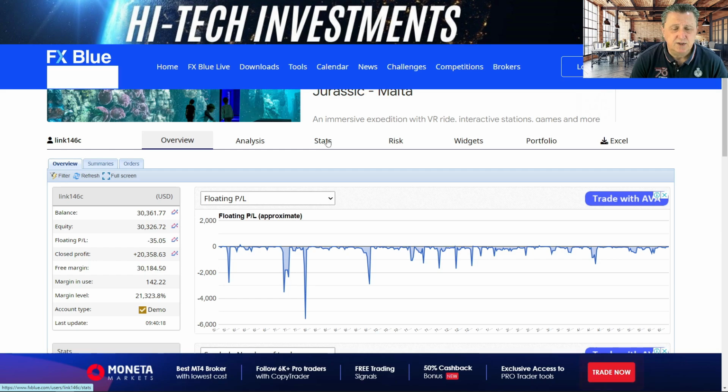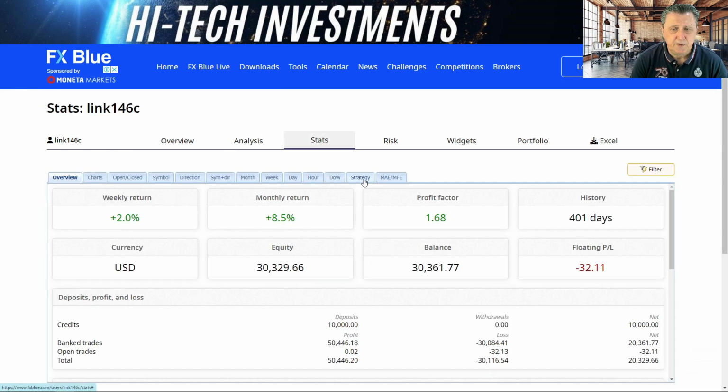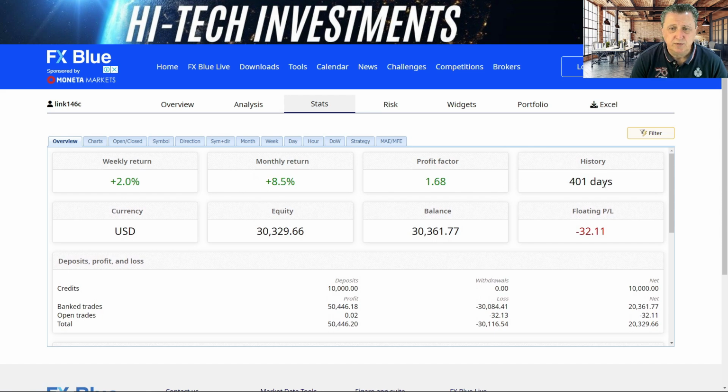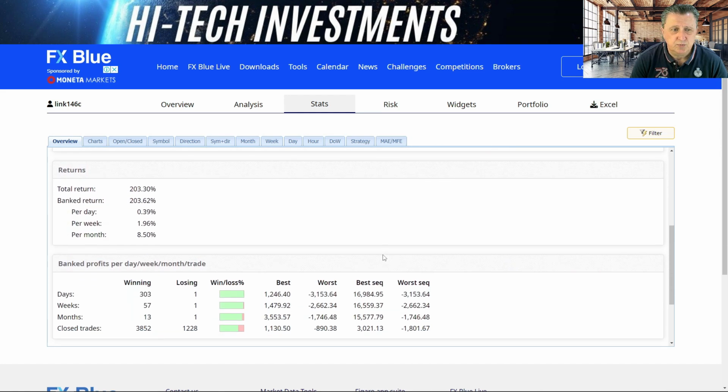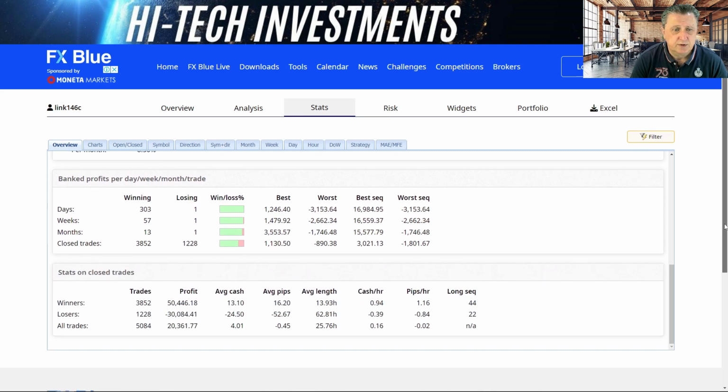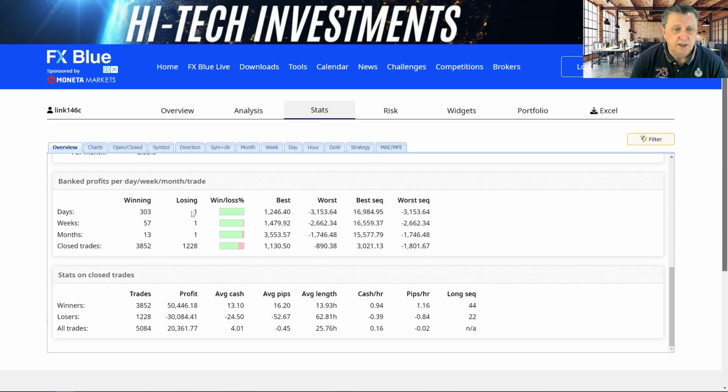Let's have a look at the stats in here also. Same stats as we just talked about before. You can see the monthly returns, the history, floating profits looking better at minus 32 here, so not too bad. And then another return, 203% for that. If we go down and have a look at the bank profits, again, we had one losing day.